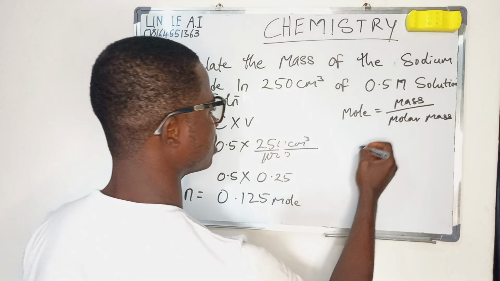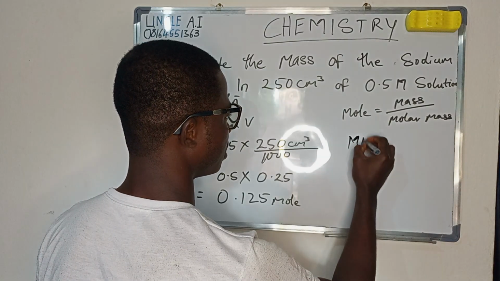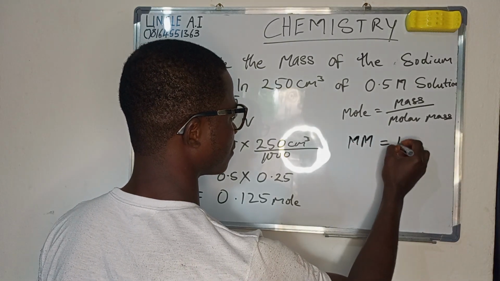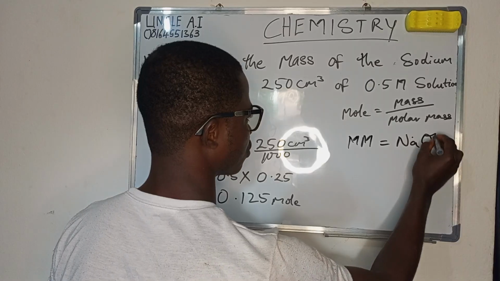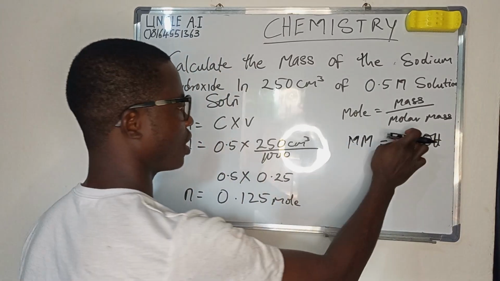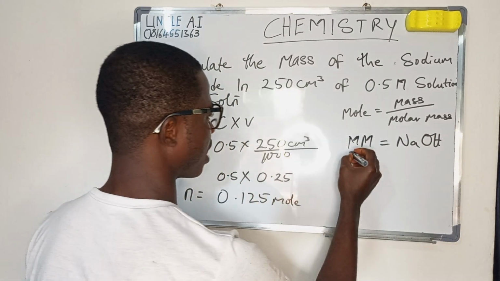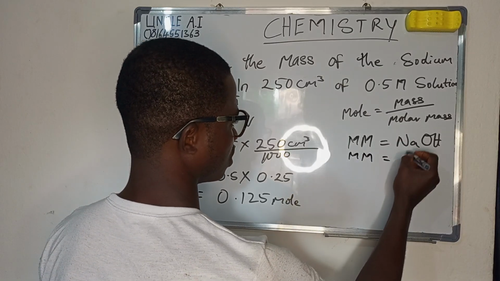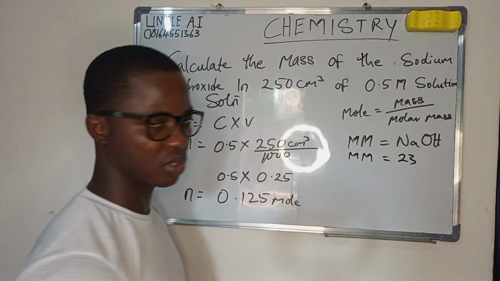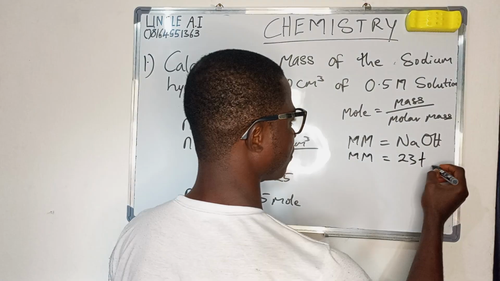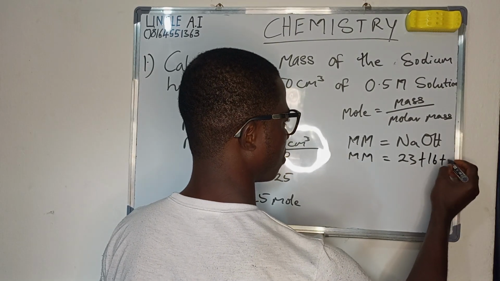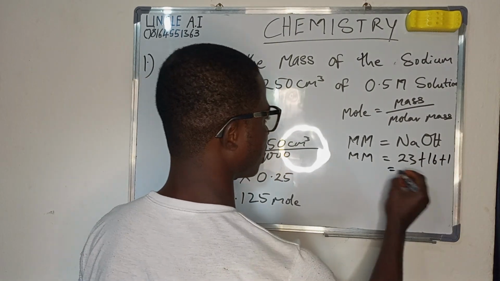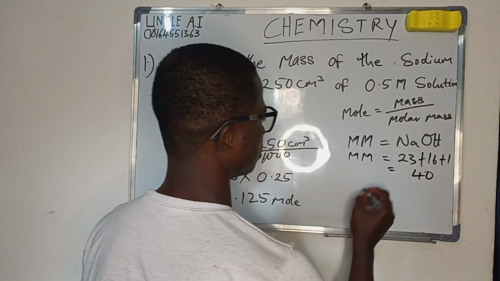We need to calculate the molar mass by saying molar mass of sodium hydroxide. So molar mass of sodium hydroxide will be equal to, sodium is 23, that is the mass of sodium. Mass of oxygen is 16, mass of hydrogen is 1. That gives you a total of 40.